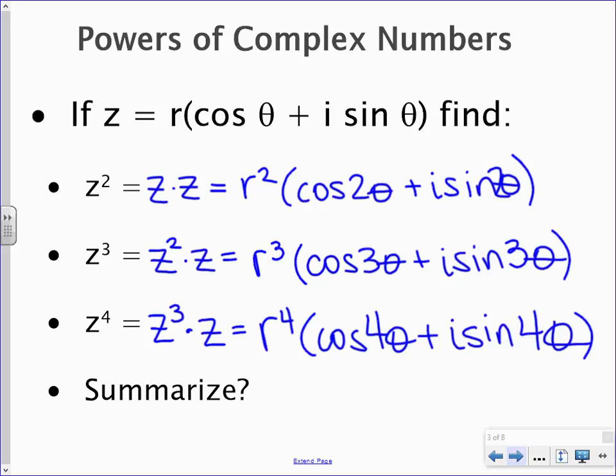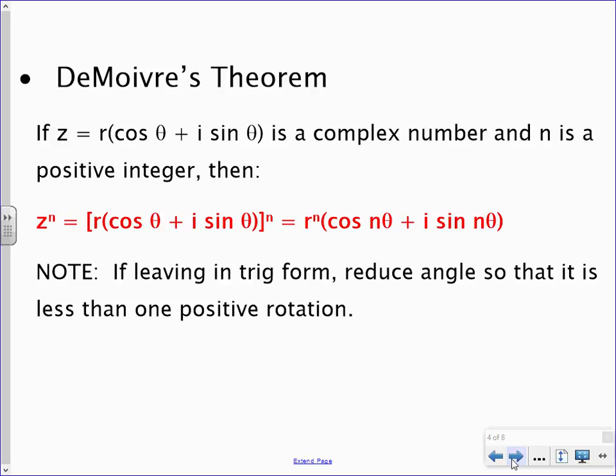Okay, so the power is telling you what power goes with the r and what multiple goes with the theta. Who takes French?